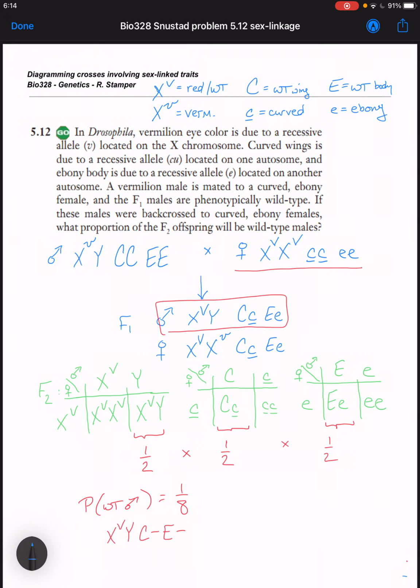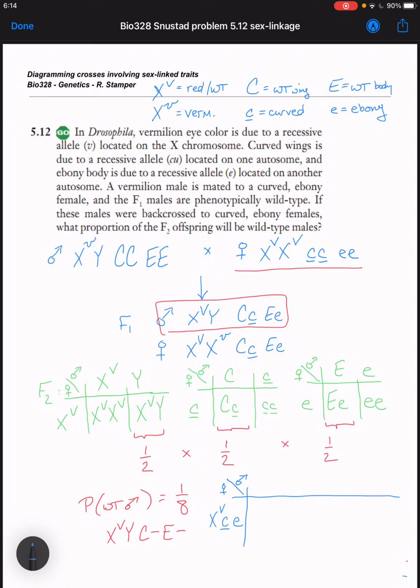I don't have room here to do the whole thing, but you would have had the F1 male across the top, that backcross female on the side, or vice versa. The female can only give me one gamete here. It's going to have the wild type for eye color, the recessive, and the recessive. That's it. So you've got one row. The male, on the other hand, is going to be able to give me a number of different things.